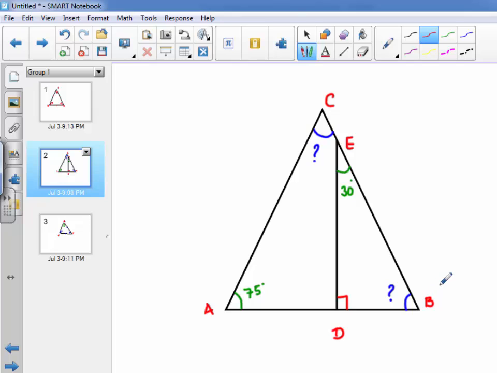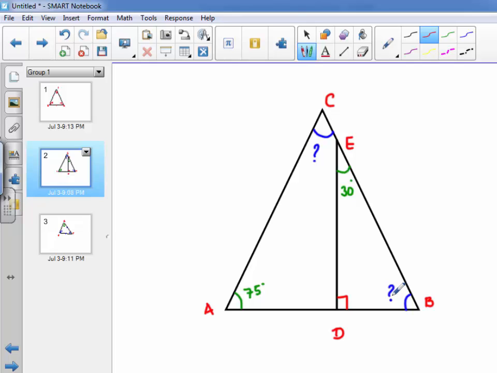So the first thing when we think about that, we say, okay, we have a triangle ABC. We know that in this triangle the sum of the three angles equals 180 degrees. But the problem here is that I have two unknown angles. Angle C is unknown, angle B is unknown. So it's impossible for me to find two unknowns if I only know that A plus B plus C equals 180.